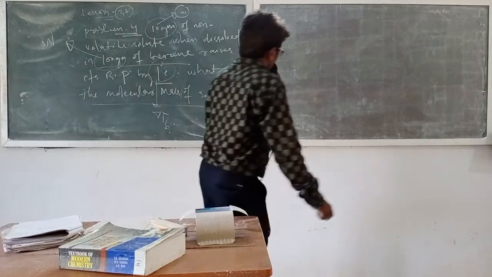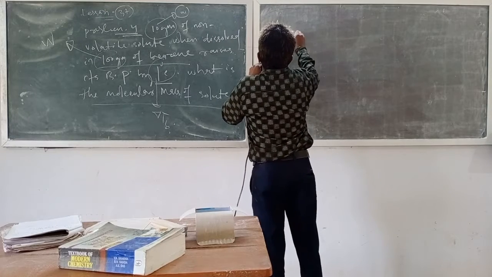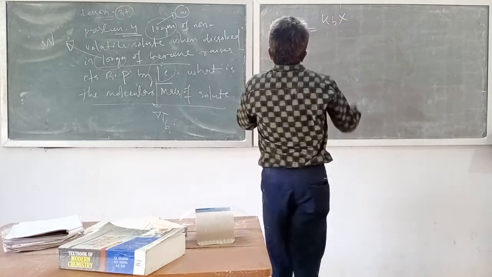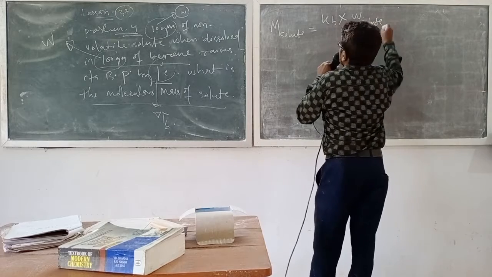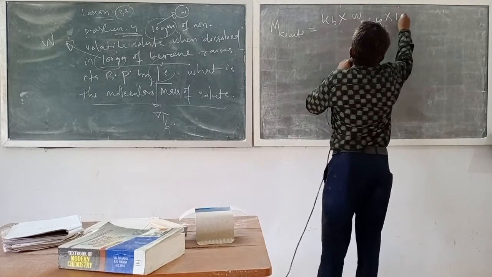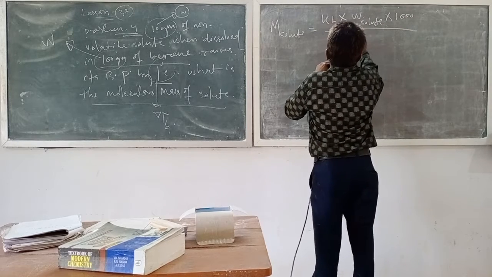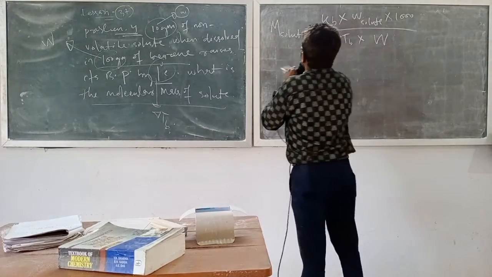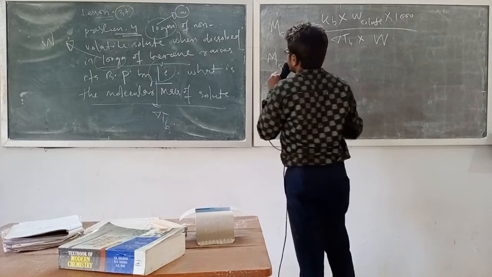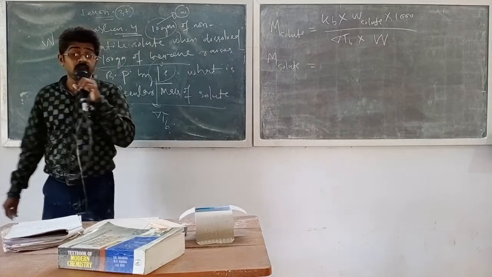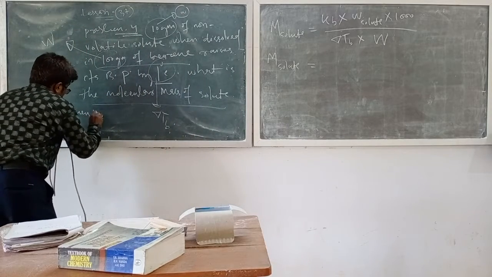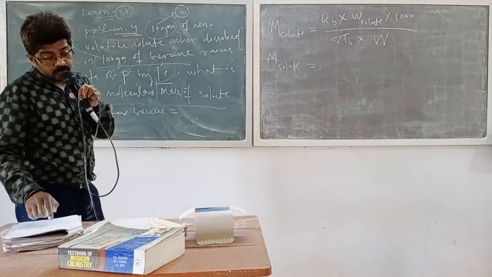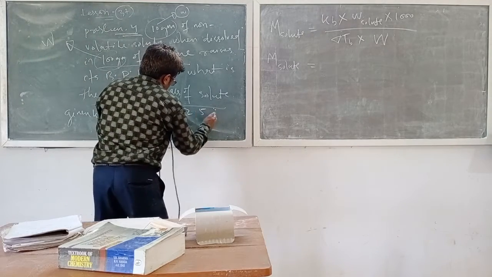Okay, so we know the formula, the molecular mass M solute equal to Kb into W solute into 1000 by delta TB into capital W. So here given Kb for benzene equal to 2.53.